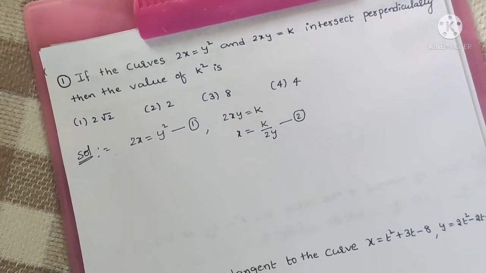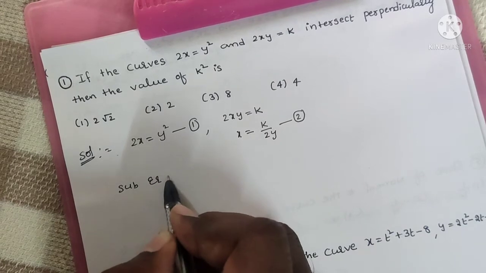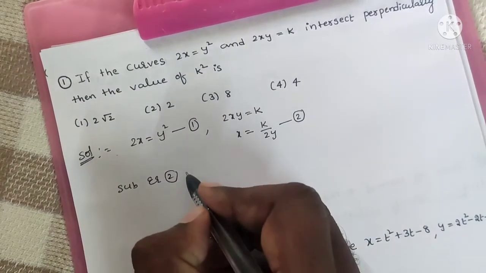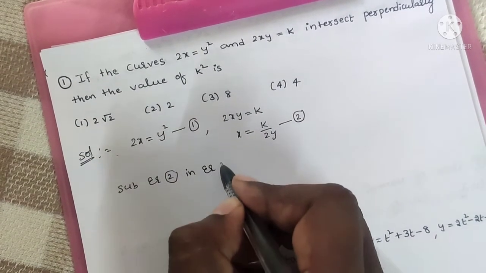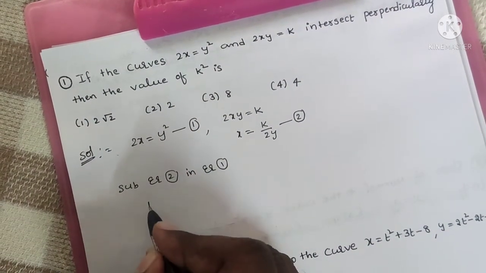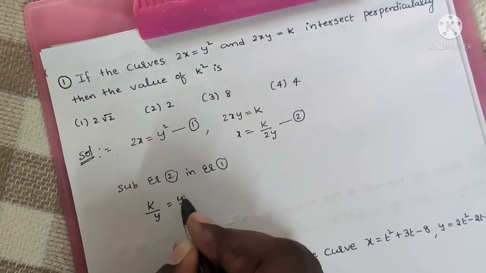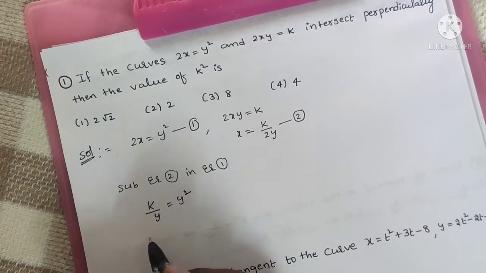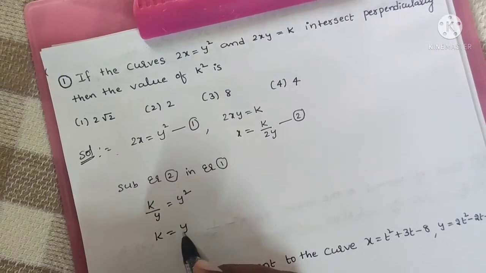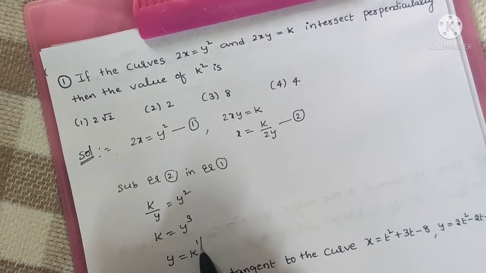Substitute equation 2 in equation 1. What is equation 1? 2x, which is k by y, is equal to y square. Then k is equal to y cube. Then y is equal to k power 1 by 3.